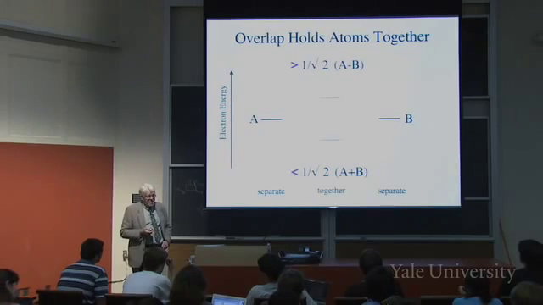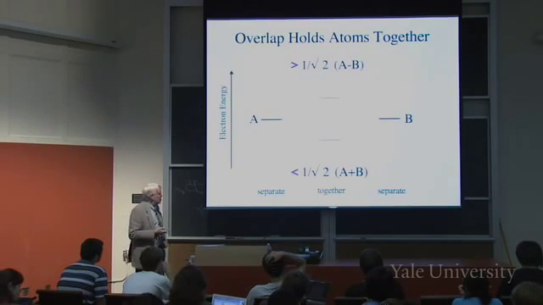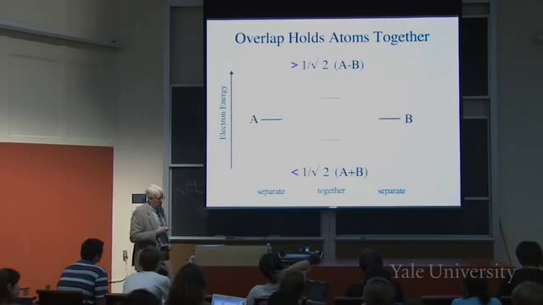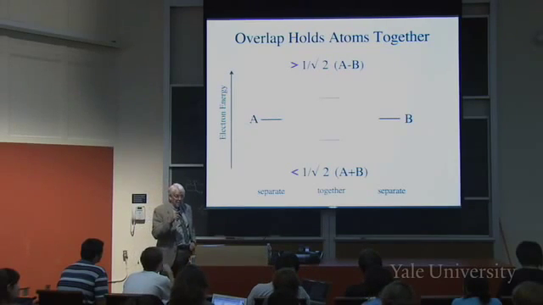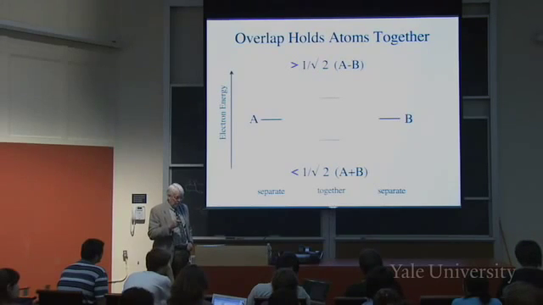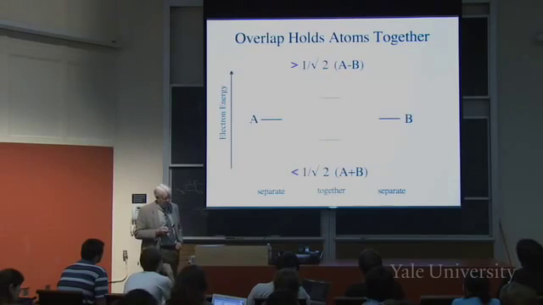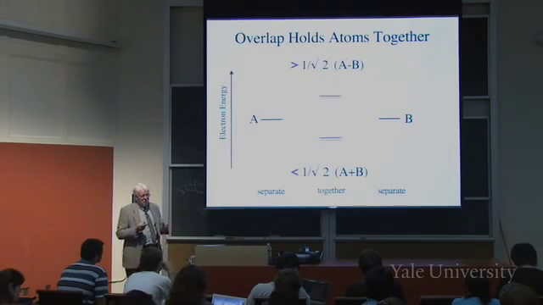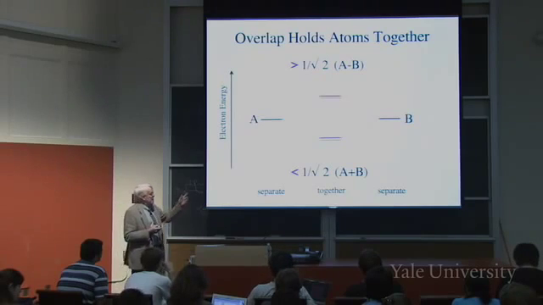In fact, if you think about normalization, it should be a little less than 1 over the square root of 2 in the one that's going to have plus 2AB in it when you square it, and a little less than 1 over the square root of 2 when it's going to have a minus sign for the 2AB term. Okay?